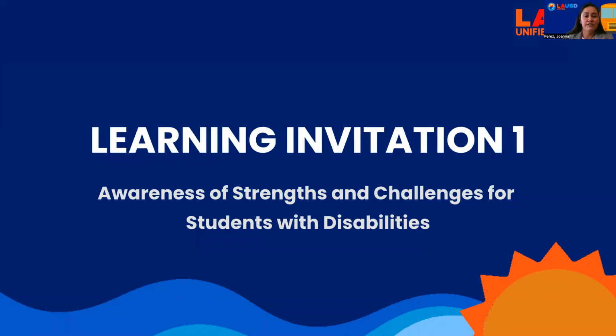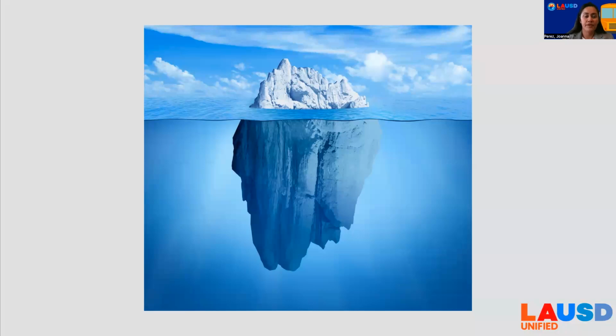Our first learning invitation is to develop an awareness of our students with disabilities, strengths, and challenges. We can actually compare how we see our students to an iceberg. When looking at an iceberg, we can only see what is visible above water.